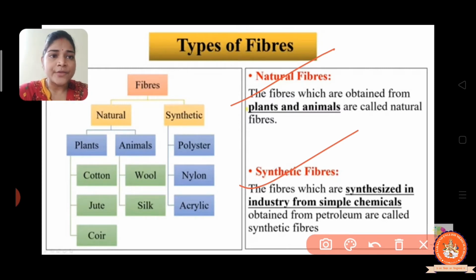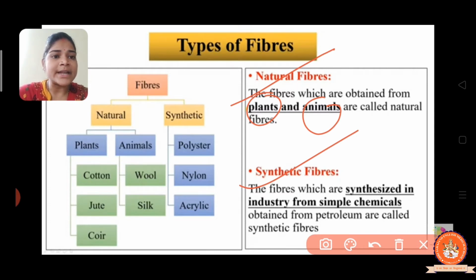The fibers which are obtained from plants and animals are called natural fiber. The plants and animals are natural resources, so they give natural fiber.